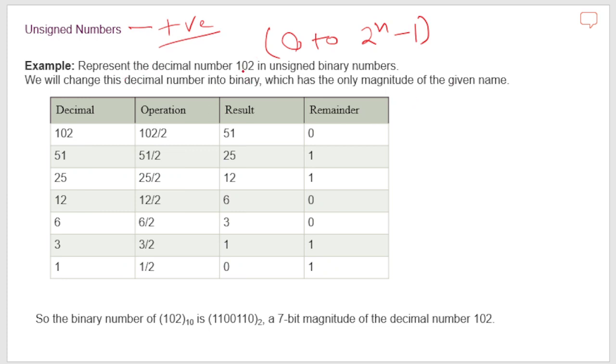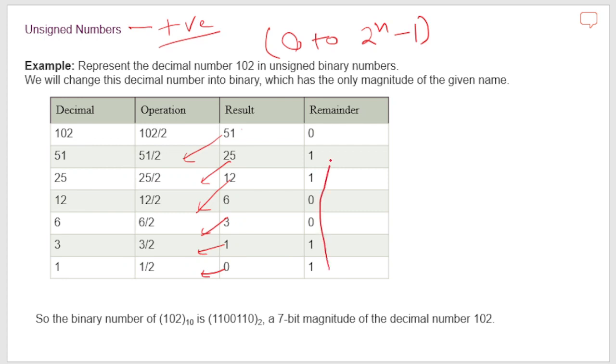So we will put 102 in an unsigned binary number. It is similar to how we convert to binary. 102 divided by 2 is 51, remainder 0. 51 divided by 2 gives 25, remainder 1. 25 divided by 2 gives 12, remainder 1. 12 divided by 2 gives 6, remainder 0. 6 divided by 2 gives 3, remainder 0, and 3 divided by 2 gives 1, remainder 1, and 1 divided by 2 gives 0, remainder 1.